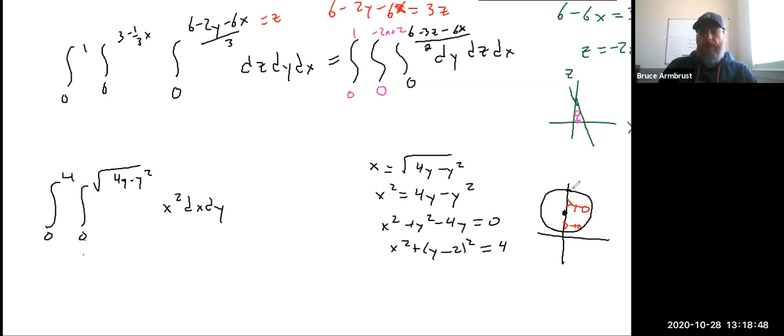So that actually gives us this region right here. All right, so when it comes time to changing the bounds on this, first, let's change our function. So x squared is going to be r squared cosine squared. If we go to polar, r dr d theta.